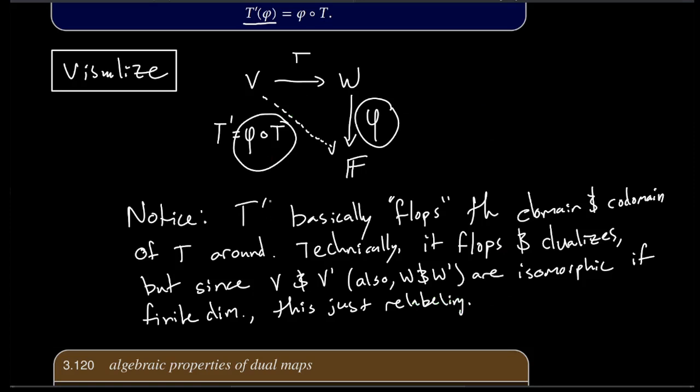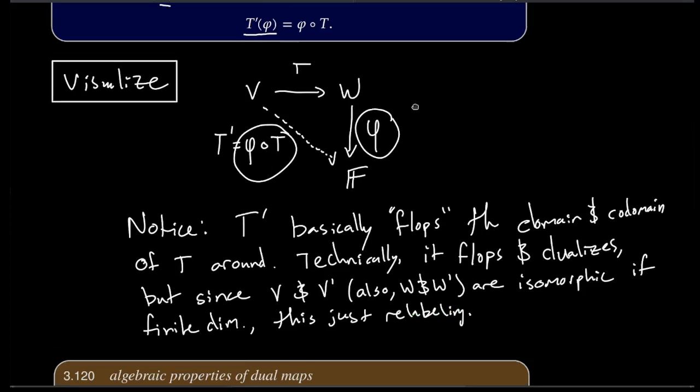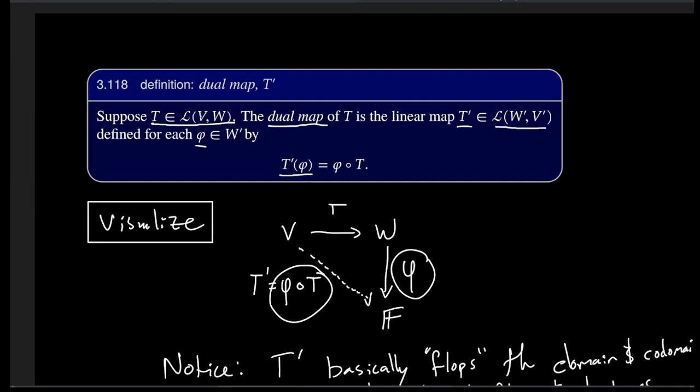T prime just basically takes T, and T has a domain and a codomain. T prime takes the codomain of T and makes it into the domain by dualizing, and it takes the domain of T and makes it into the codomain and dualizes.